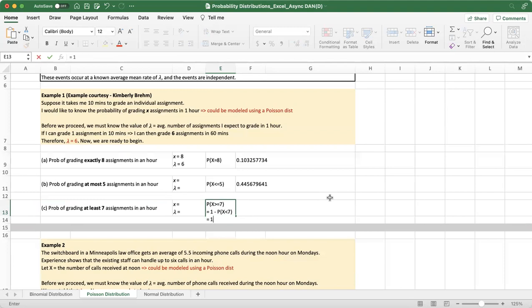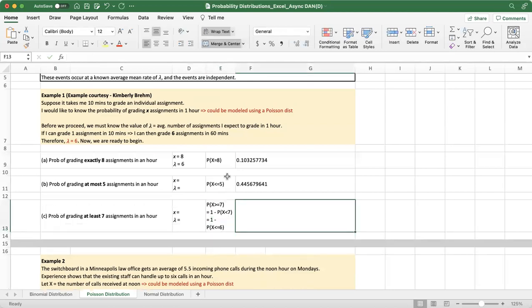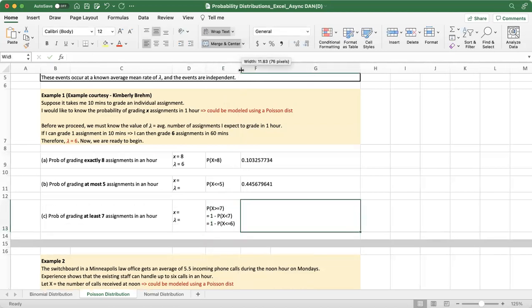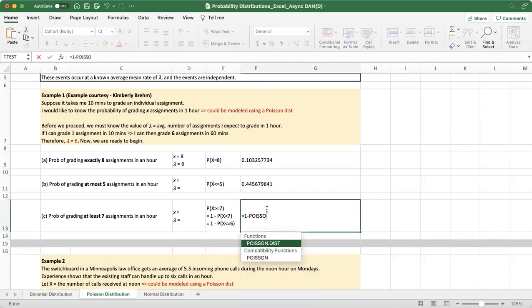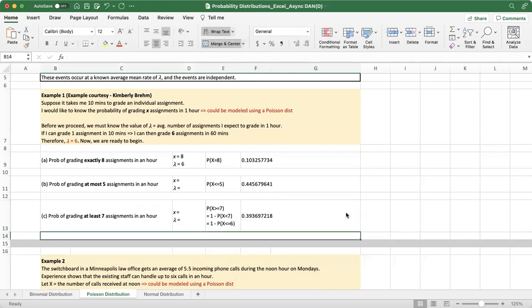Or in other words, 1 minus probability of X being less than or equal to 6.